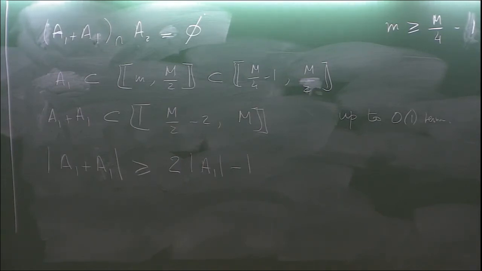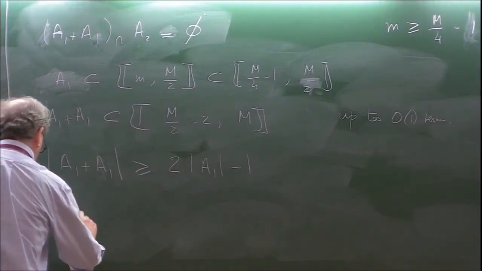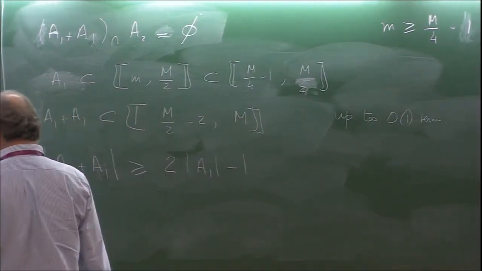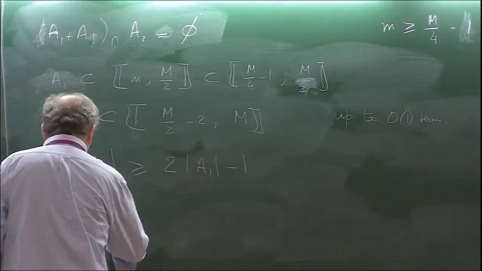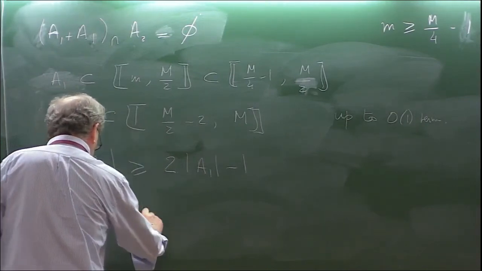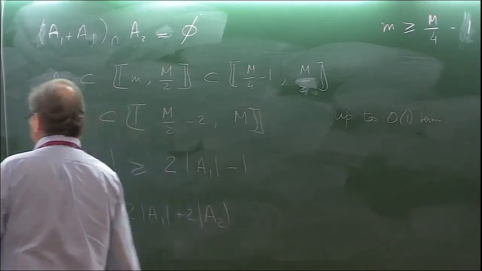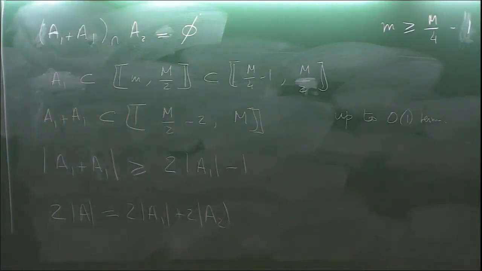We have to use this now. So I have an upper bound for A. So 2A is equal to 2A1 plus 2A2. This is just the definition of A1 and A2, and I multiply by 2, so this is fine.